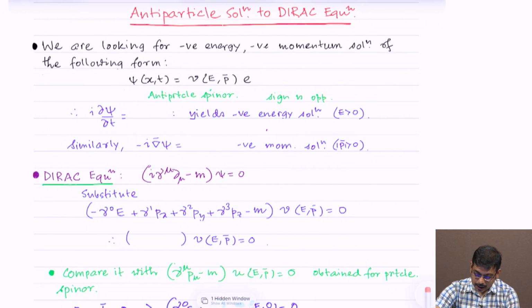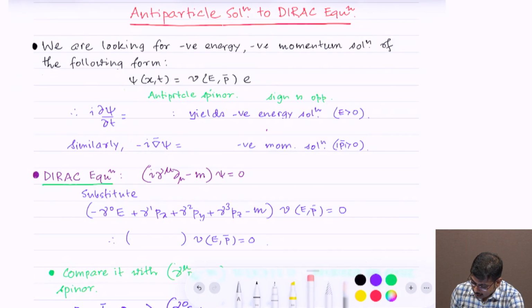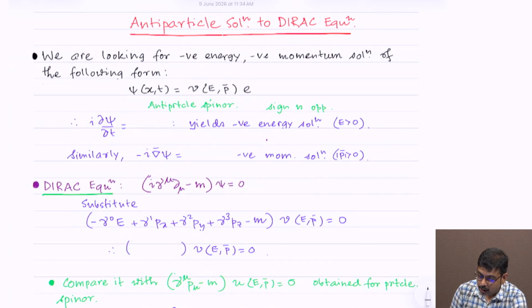All right, so you remember that we ended the last lecture by asking how the antiparticle solutions should look, and we argued that they should be something like psi(x,t) = v(E,p) times an exponential.